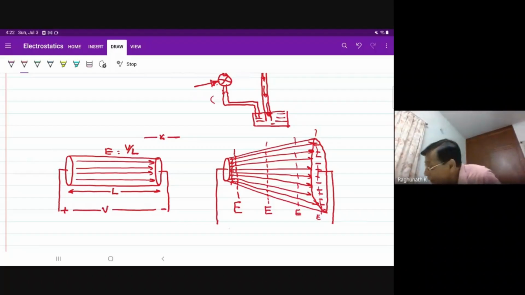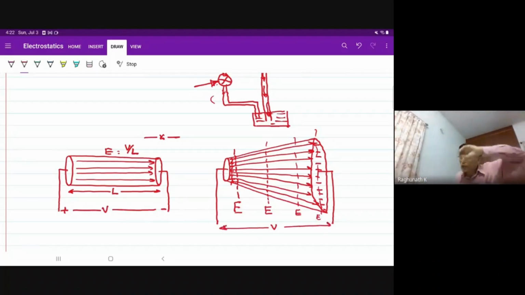Definitely, there is a voltage V between the ends of this conductor. That V is no doubt the integral of E bar dot dl bar from one end to the other end, again the field, minus E bar dot dl bar. In the first case, because it consists of a set of parallel lines, electric field intensity is the same everywhere and it is directly axial.